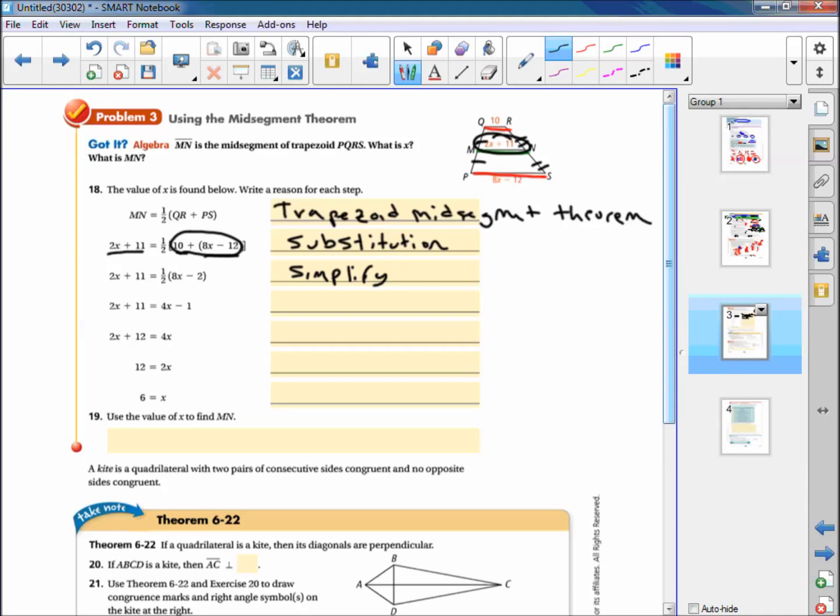Okay, and then the next step, they times the 1/2 to the stuff in the parentheses. So that was the distributive property. Okay. Let's see, and then they move the 1 to the other side, so that's add 1 to both sides. So that's addition property of equality.